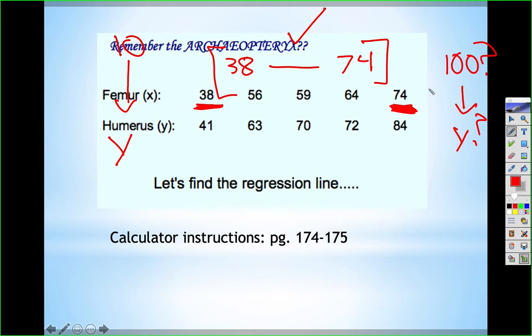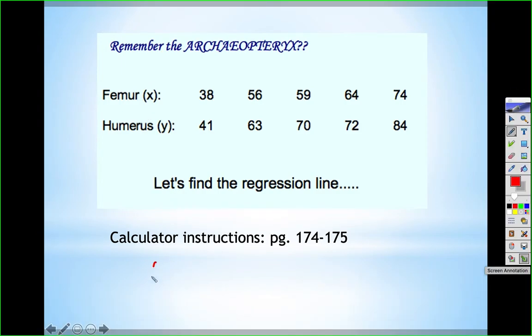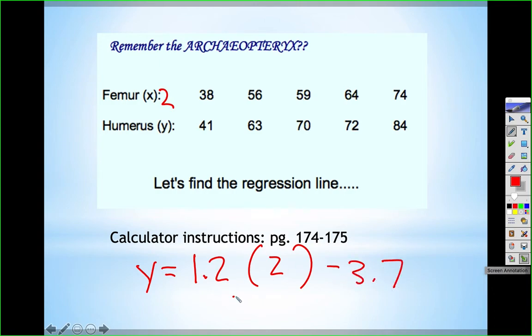If, for instance, someone found a new femur and its length was only an x value of 2, so it was a little baby, and I did y equals 1.2 times 2 and subtracted 3.7 from it, it would be 2.4 minus 3.7.